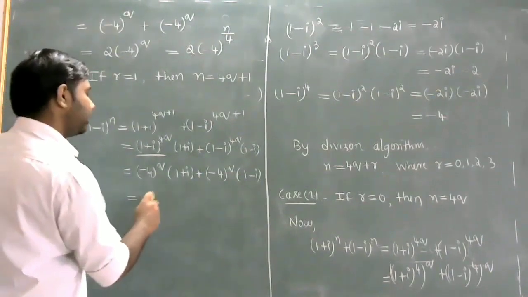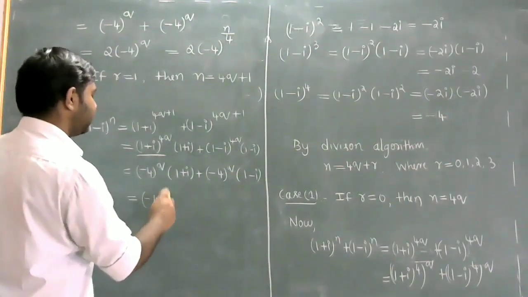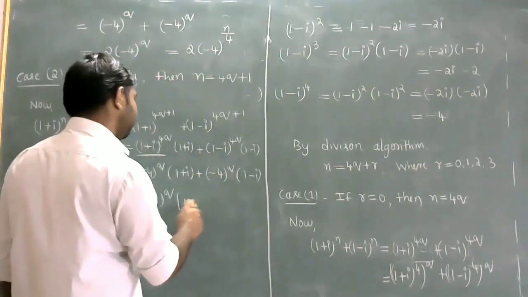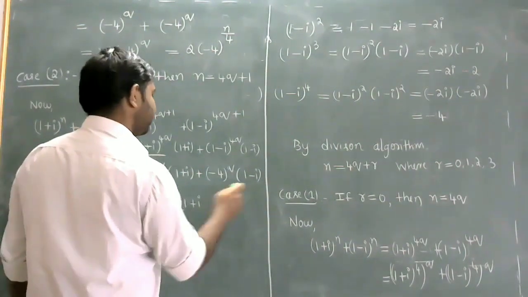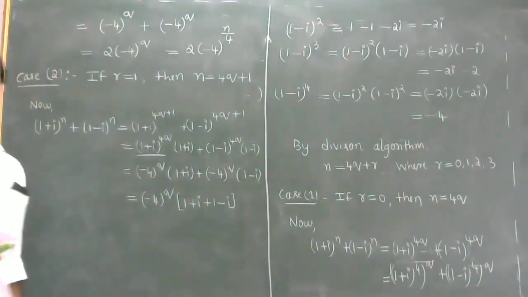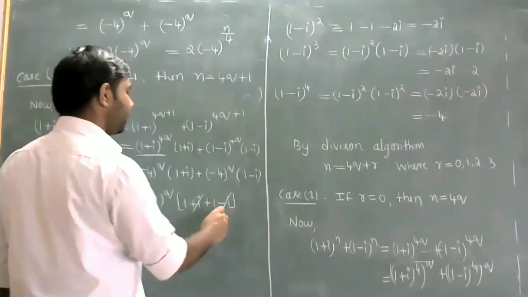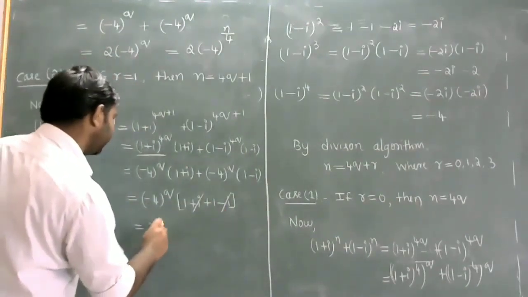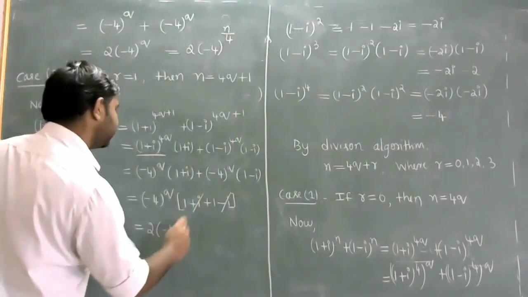We can take (minus 4)^q common. So it will be (1 plus i) plus (1 minus i). Plus i minus i gets cancelled. So 1 plus 1 is 2. So once again we got 2 into (minus 4)^q.